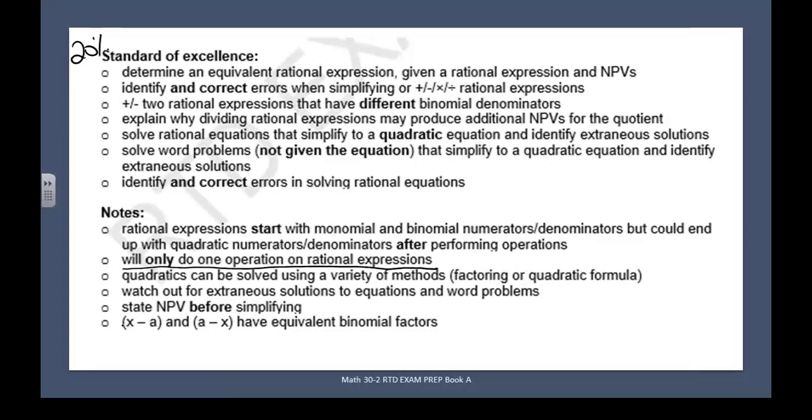So you will never see a question where it is adding and subtracting or multiplying and adding. It's only one at a time, okay? So quadratics can be solved using a variety of methods. You don't have to factor, it's just one of your choices. So you have the choice between using factoring or the quadratic formula. You don't have to use one or the other, okay?